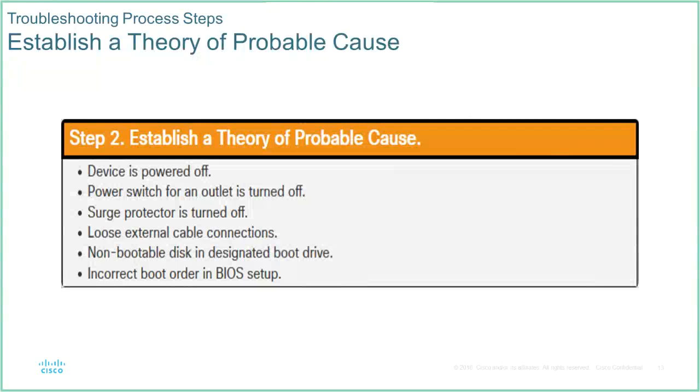Okay, so just check the boot drive sequence. Okay, in the BIOS, it will tell you what the sequence of drives for the boot sequence is. That's something that you could check.